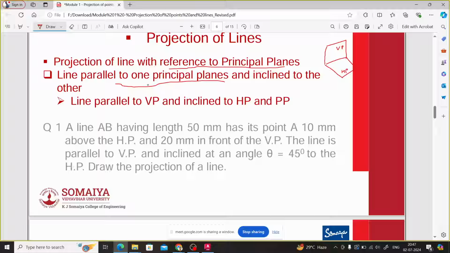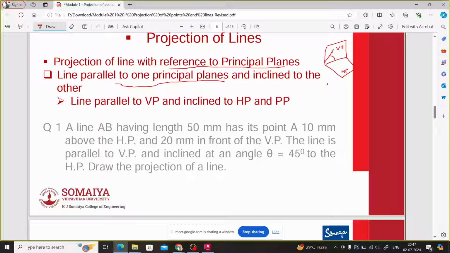The line should be parallel to one principal plane and inclined to the other. What does it mean? If the line is parallel to the vertical plane like this, it should be inclined to the other plane. Are you getting this?